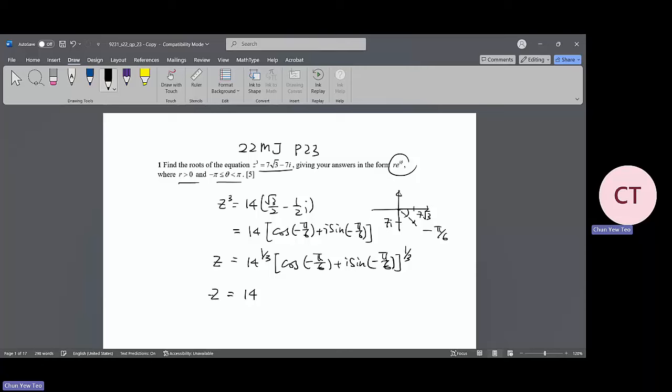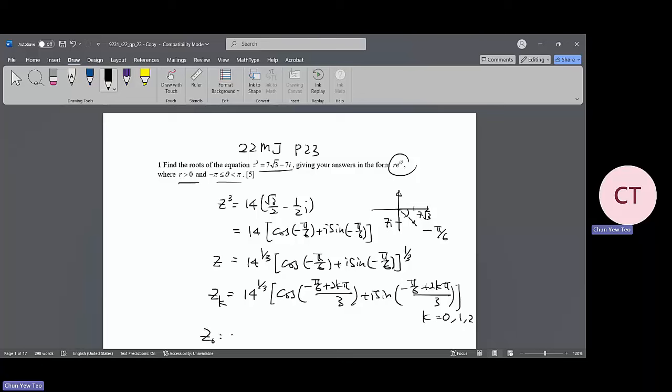You can get z_k equals 14^(1/3) [cos(negative π over 6 plus 2kπ over 3) plus i sin(negative π over 6 plus 2kπ over 3)], where k is 0, 1, and then 2.